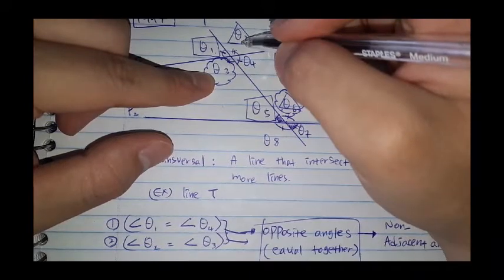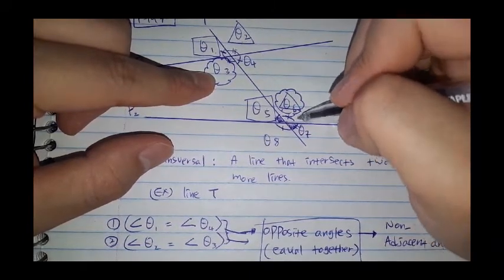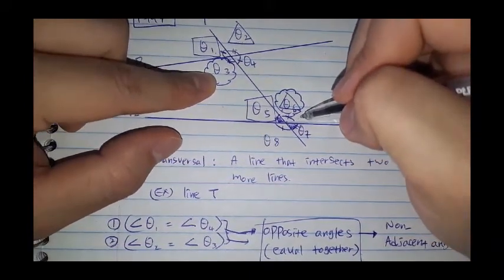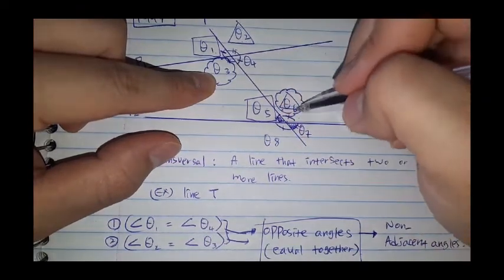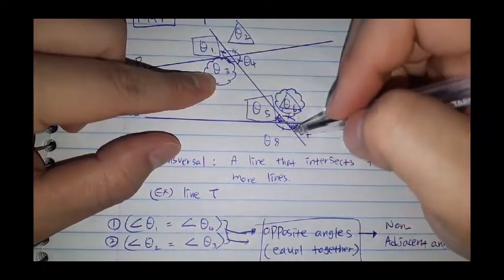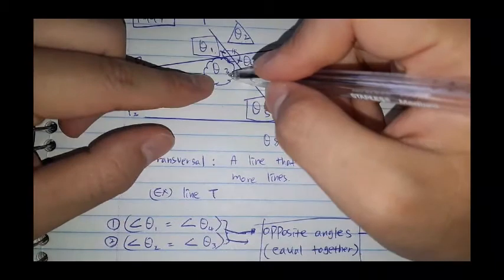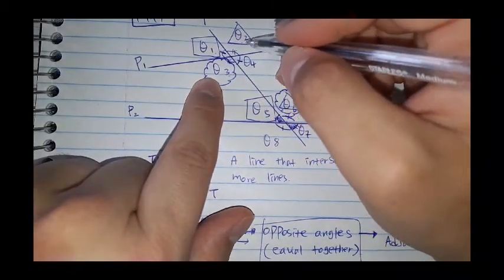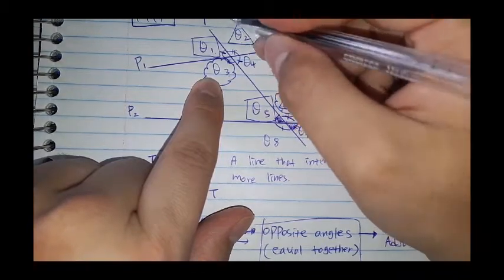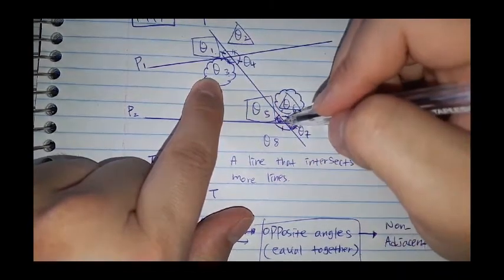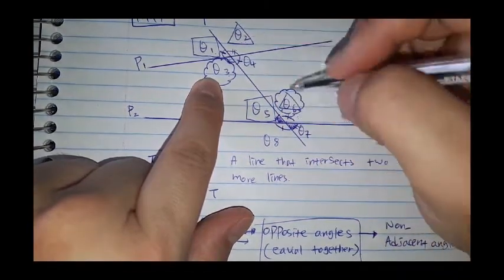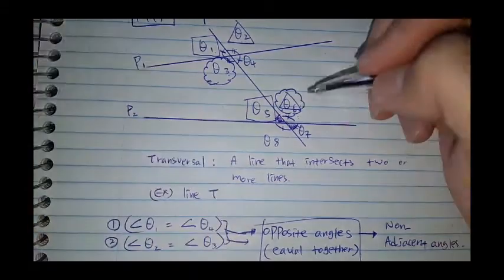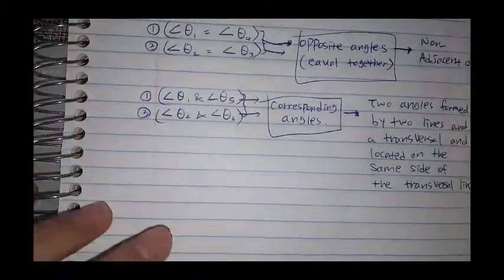The reason it's interior is because angle number 3 and angle number 6, first thing first, if angle number 3 faces the opposite side, that's angle number 2. And angle number 2's corresponding angle is angle number 6. So, if some angle is opposite, which is angle 2, like I point over there, and if that angle is also corresponding, which is angle 6, those 3 and 6 are known as alternate angles.